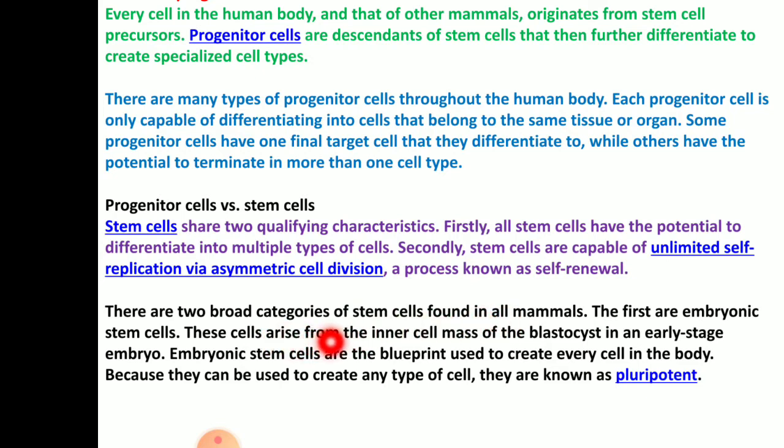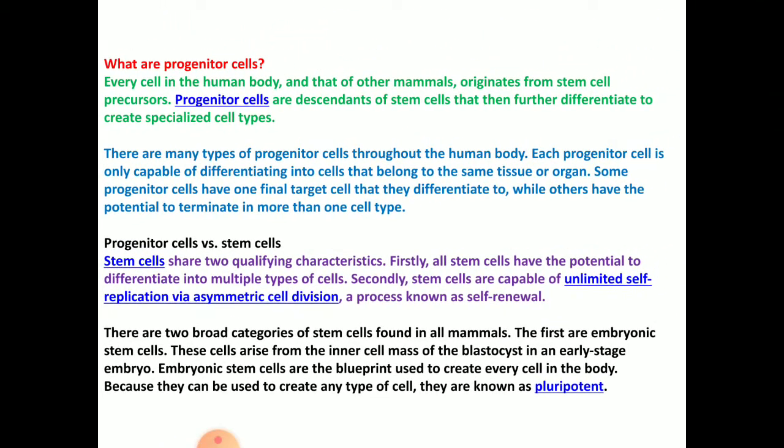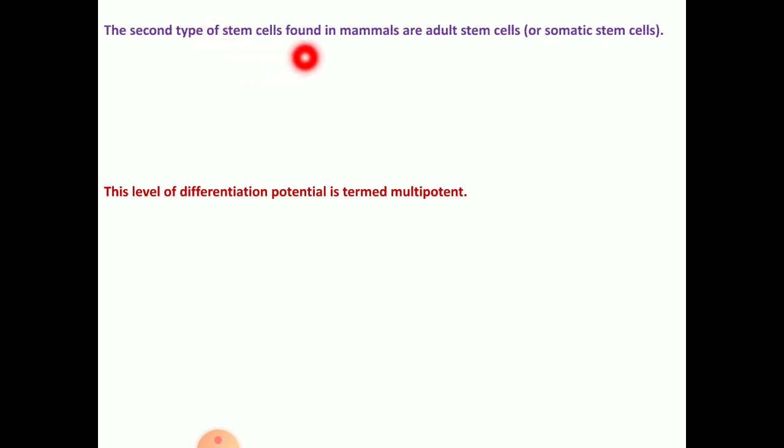Because they can be used to create any kind of cell, they are known as pluripotent. That means they have the capacity to give rise to an infinite number of cell types. That is why they are called pluripotent. Then the second type of stem cell are the adult stem cells, the somatic stem cells.